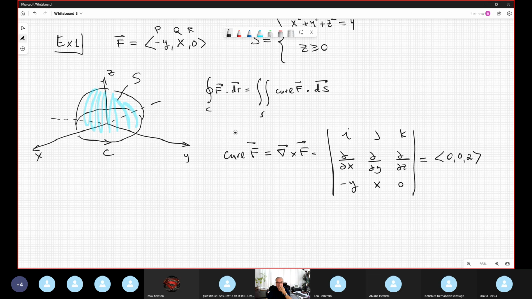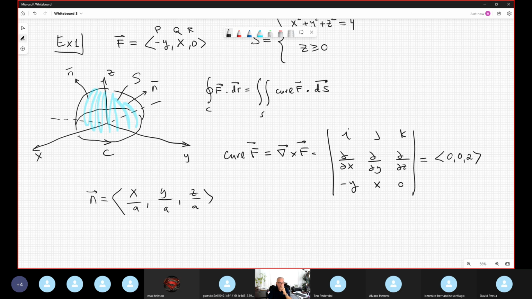So what about dS? Well, for dS, I want to use another idea. This is the curve, but I know that the normal vector in the sphere is equal to x over a, you remember that, comma y over a, comma z over a. It's totally radial, the normal vector is radial.